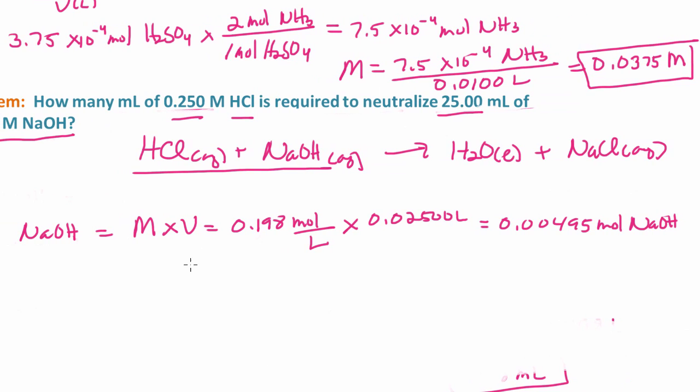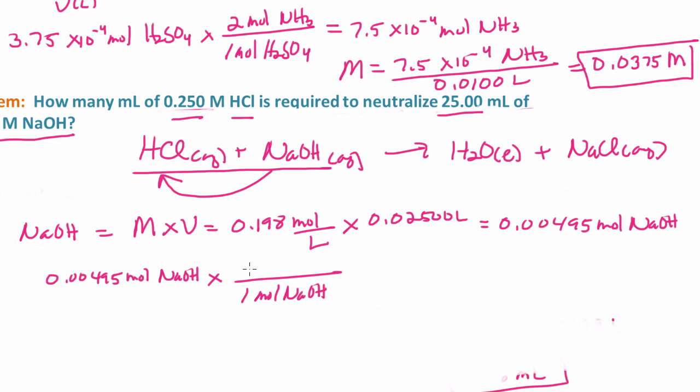So now I need to use my balanced chemical equation to relate the moles of sodium hydroxide to that of hydrochloric acid. So I have 0.00495 moles of sodium hydroxide, and we have a 1-to-1 mole ratio. So 1 mole of sodium hydroxide to 1 mole of HCl.